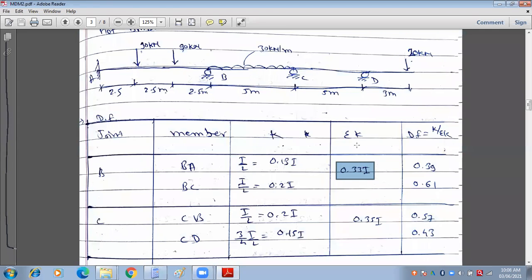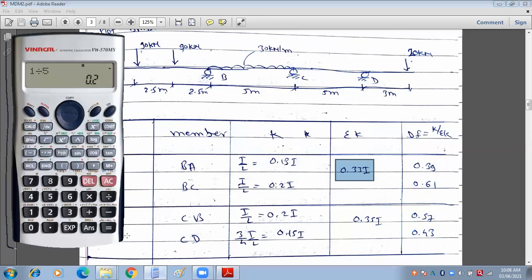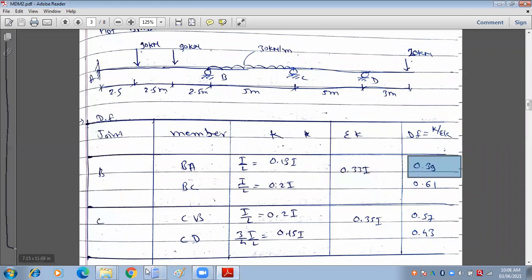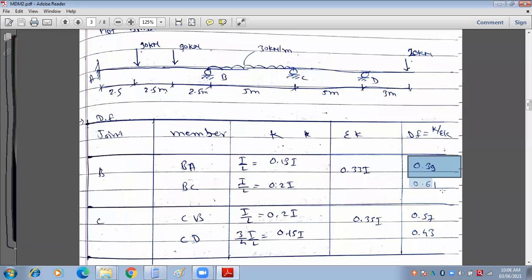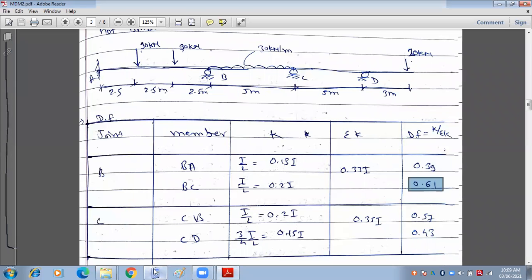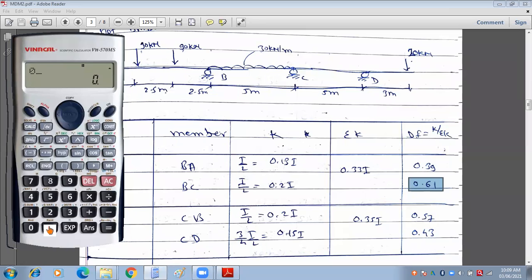The summation of these two is the summation of K. Now distribution factor is nothing but the relative stiffness divided by the summation of K. Relative stiffness of BA, 0.133 divided by 0.33, becomes 0.39. 1 minus this answer, 0.61, is the remaining one, or you may calculate 0.2 divided by 0.33, which is 0.61.